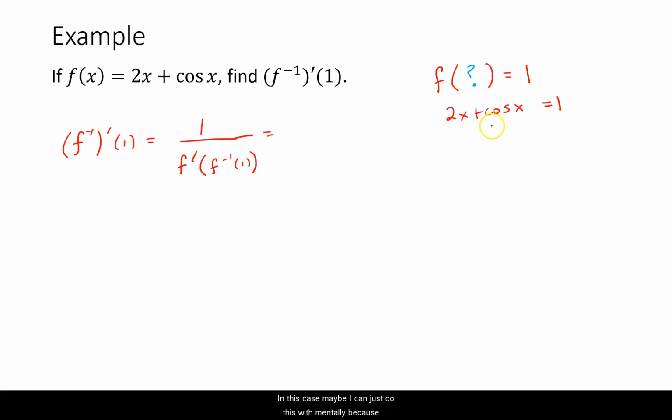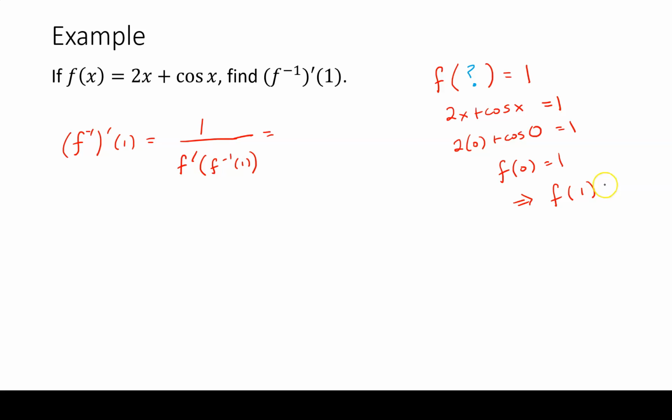And in this case, maybe I can just do this one mentally, because I know, for instance, that cosine of 0 is going to equal 1. Right? So therefore here f of 0 equals 1, which means that f inverse of 1 equals 0.